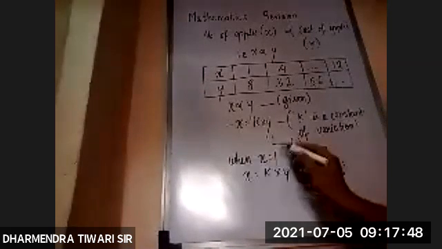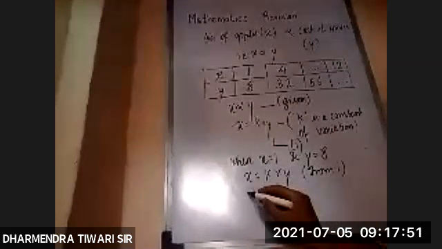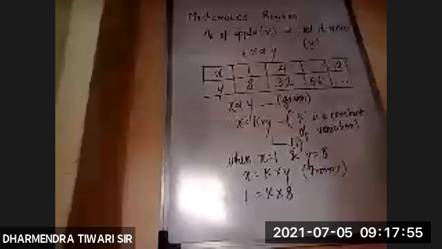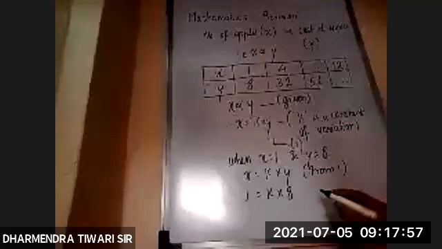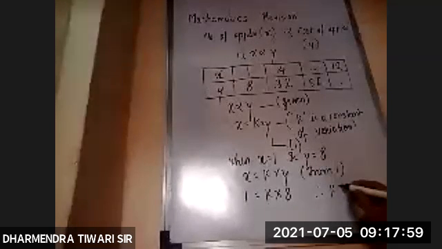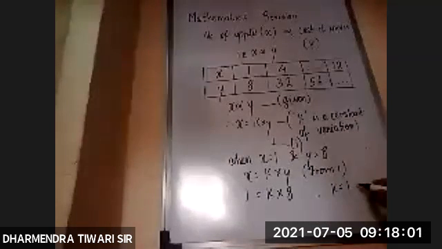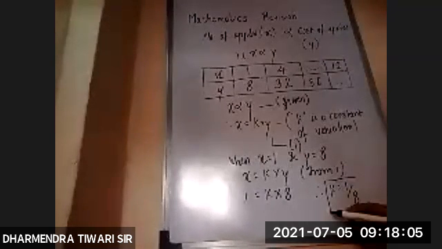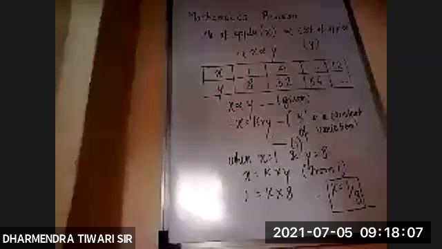Value of x is 1, value of k we don't know, value of y is 8. Means from here we can see that taking 8 to the left hand side, we are getting k as 1 by 8. Hope you have understood this.